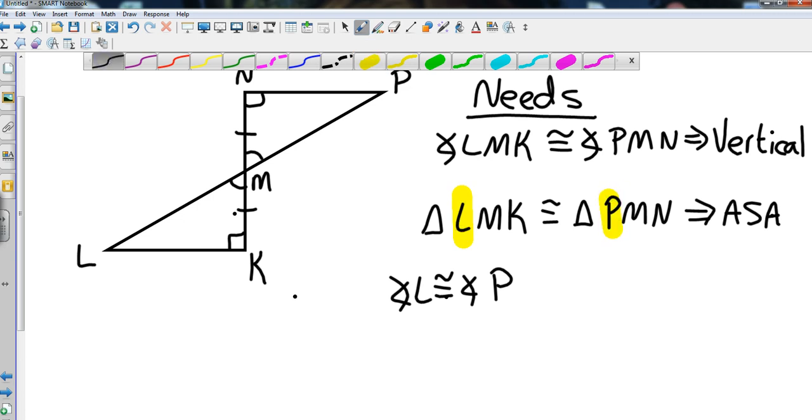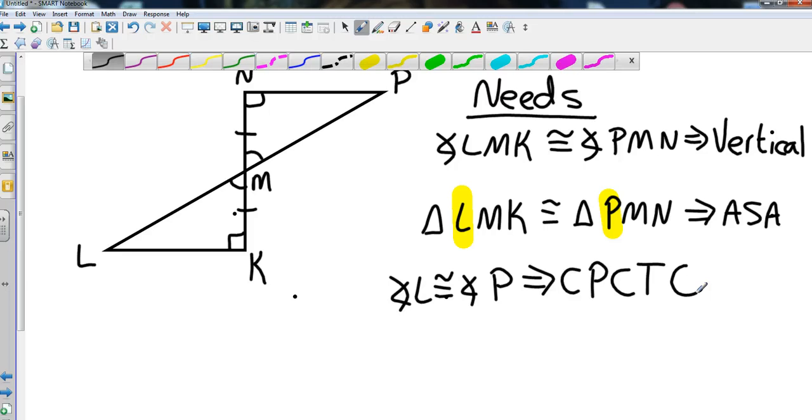This is one I talked to you about a week or so ago, where corresponding parts of congruent triangles are congruent. So I could say CPCTC. Again, corresponding parts of congruent triangles are congruent.